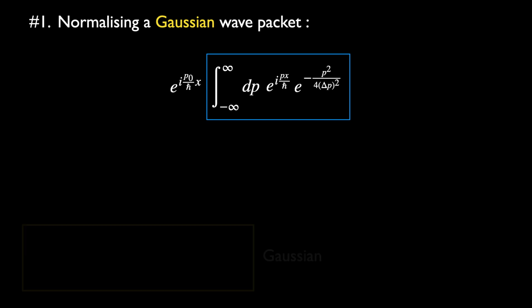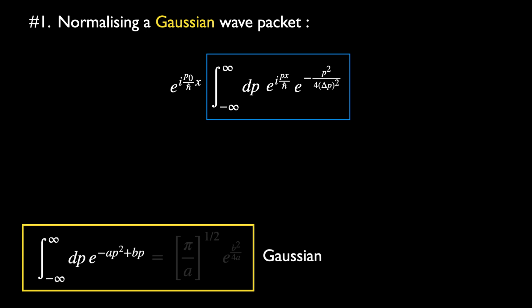It is now straightforward to apply the standard identity for Gaussian integrals in the yellow box, which can be derived by completing the square in the exponential, making the appropriate substitutions for the parameters a and b.